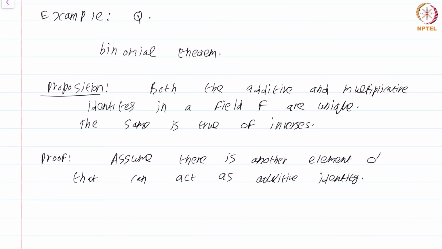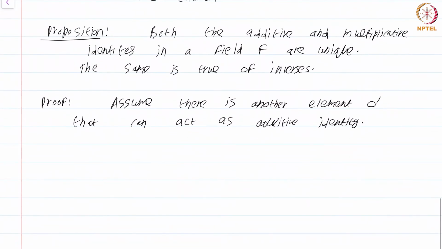Okay. Now what we will do is show that 0 has to be 0 prime. That means we will take another element 0 prime and show that it's actually 0. That's one way to show that a particular element with certain properties is unique.